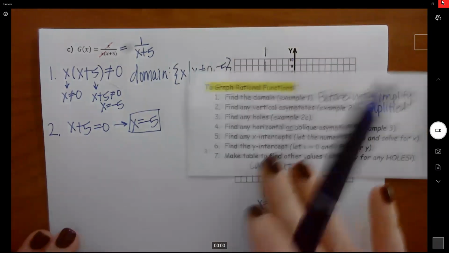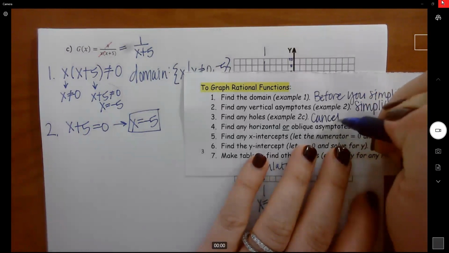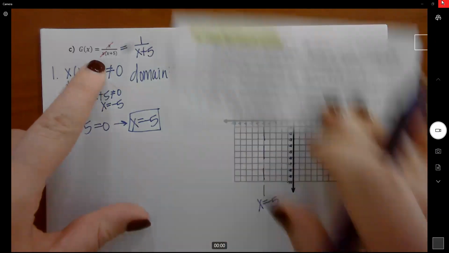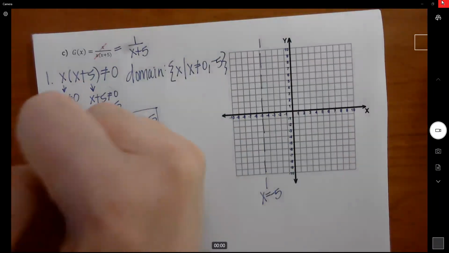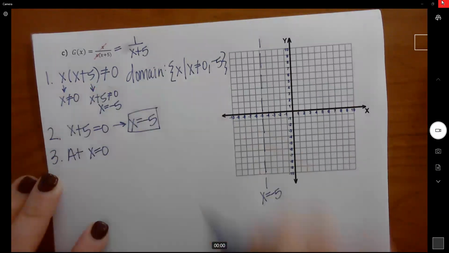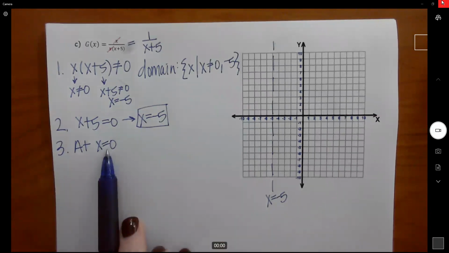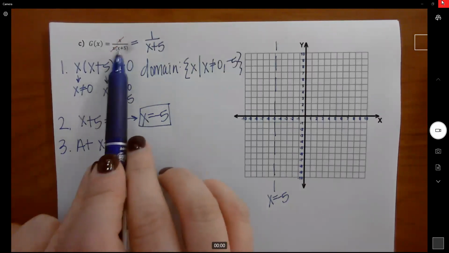And now find any holes. This is what canceled, and what canceled in this was my x. So I have a hole at x equals 0. If I want to find that ordered pair, I need to plug in 0. If I plug in 0 into this one, I'm going to get it over 0, right?